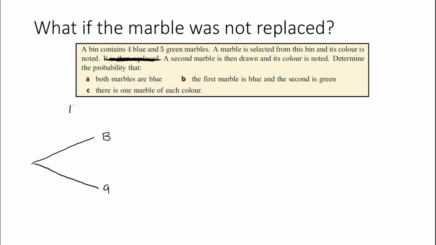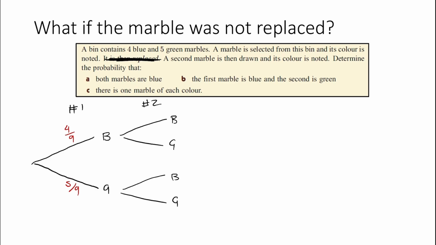So we're still going to have a blue and a green on pick number 1, and then a blue or a green on pick number 2. But when we're looking at our probabilities, we're going to have 4 over 9, 5 over 9.